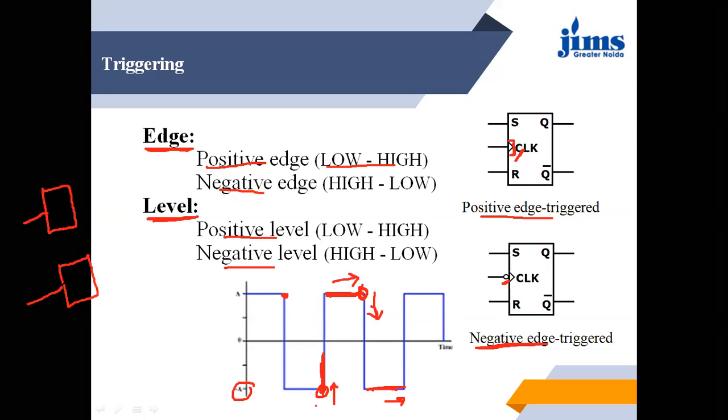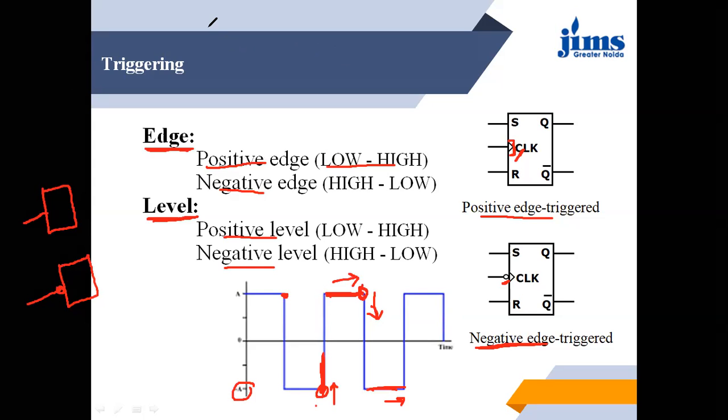When there is a bubble over here, it represents that this is a negative level triggering. So we discuss the triggering. At triggering, the value is going to be changed in the flip-flop, or we can say in the memory.